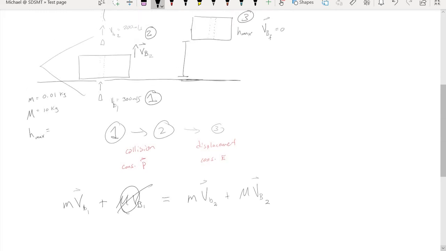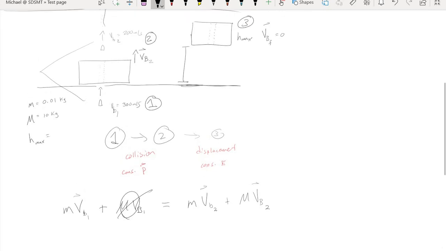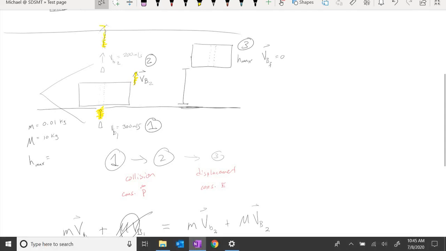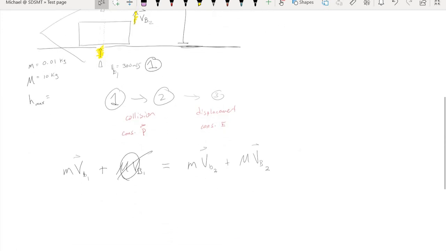This is a conservation of momentum, so these are all vectors, but everything looks like it's in agreement. We start with momentum upward. We end with what looks like a total momentum that is upward for both the bullet and the block. So this all looks okay.